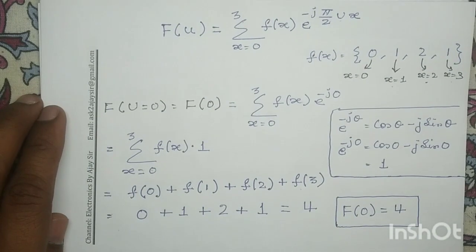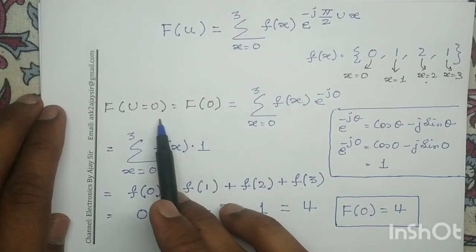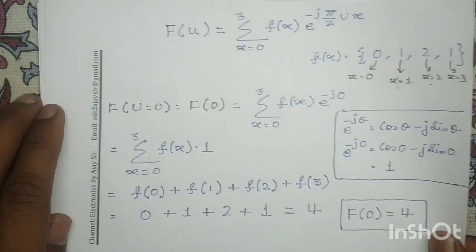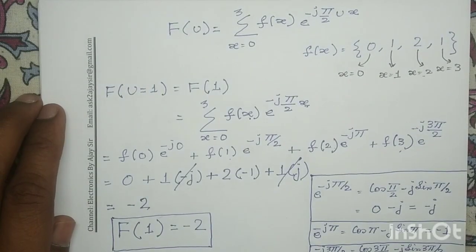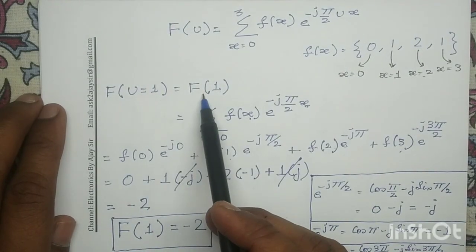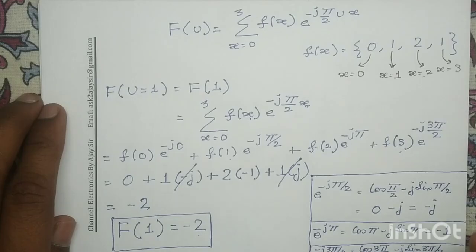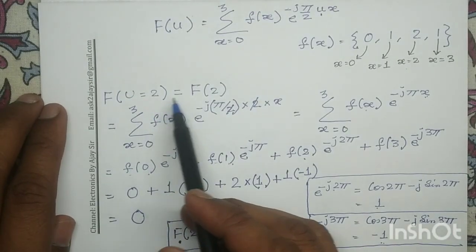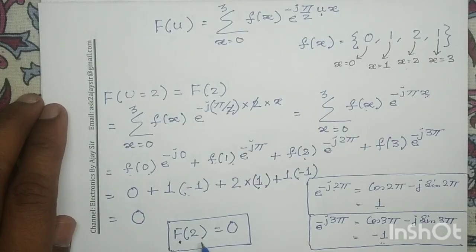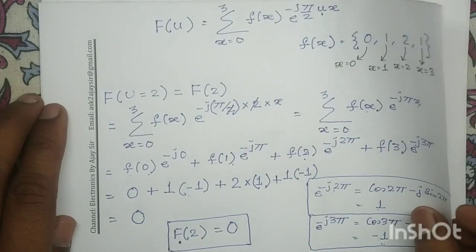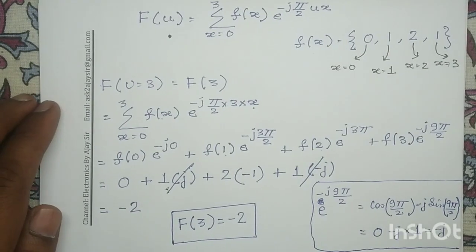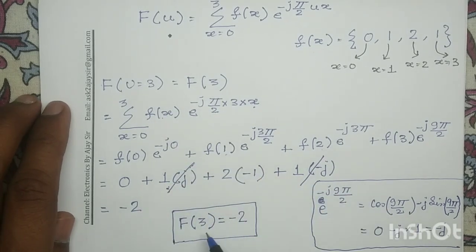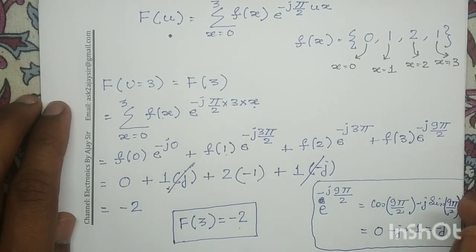Now in summary, F(u) at u equals 0, that is f of 0, we have obtained the value 4. F at u equals 1, f of 1, we obtained minus 2. F at u equals 2, f of 2, we obtained 0. And F at u equals 3, f of 3, we obtained minus 2.